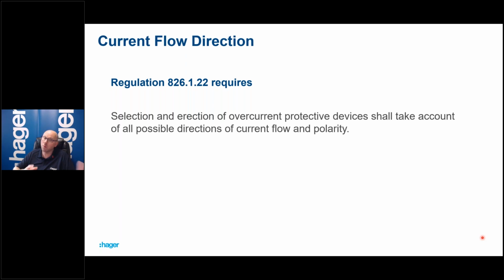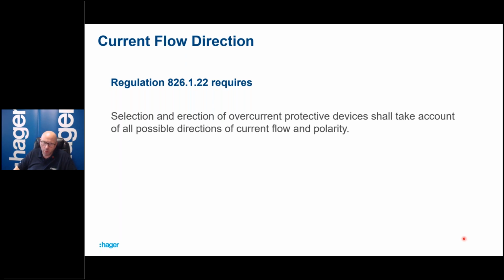Okay, so a prosumer is somebody that produces electricity as well as consumes it. Now, within that regulation, it's asking us to take account of possible directions of current flow. And we're used to the term polarity, but current flow, traditionally, we feed loads in one direction.